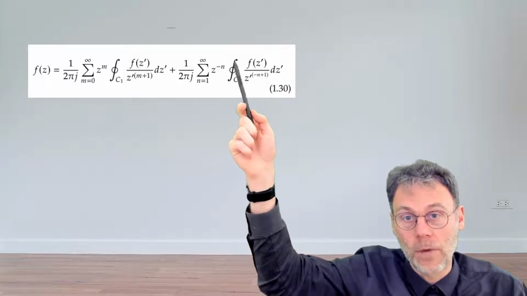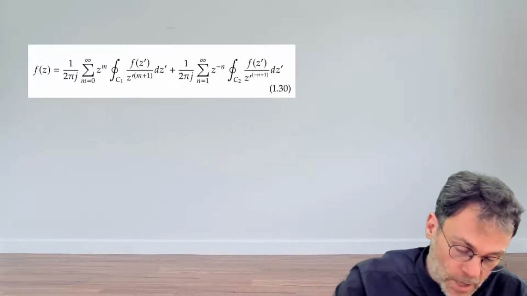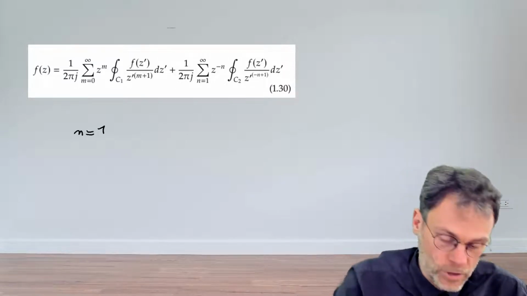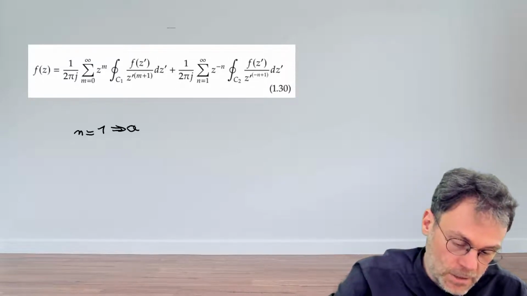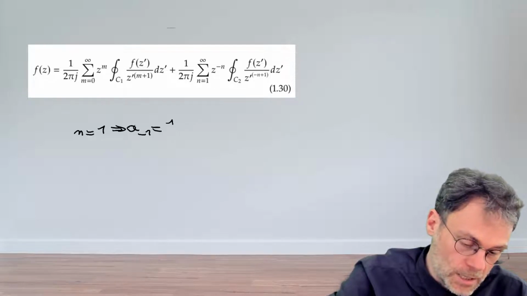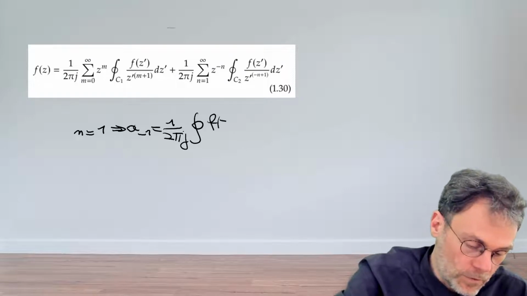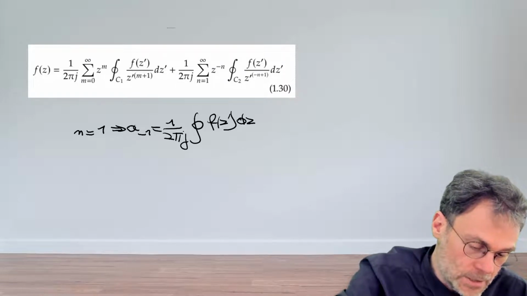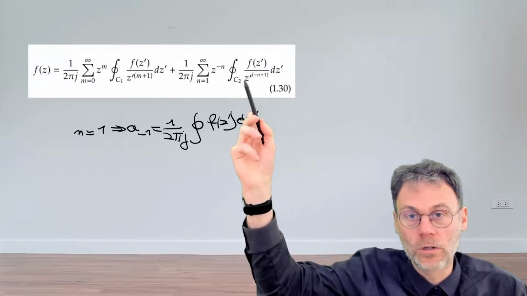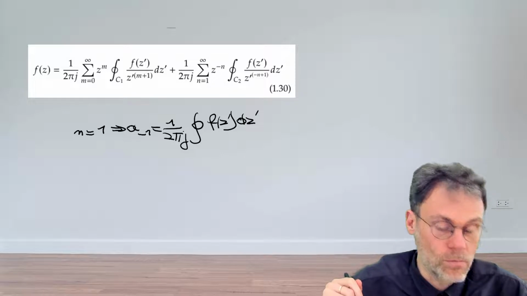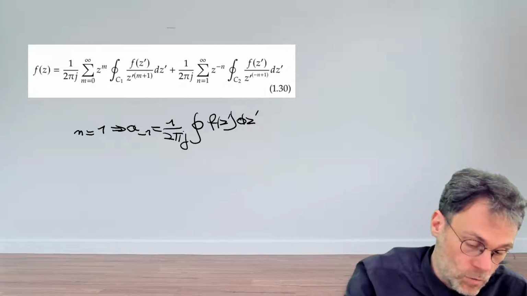If we want minus 1 here, we see that we need to have n equal to 1 in order to find the coefficient. And then that will give us that a minus 1 is 1 over 2 pi j, and then we have the integral of f of z prime dz prime. And for the denominator over here, if we have n equal to minus 1, that just gives us 1 in the denominator.